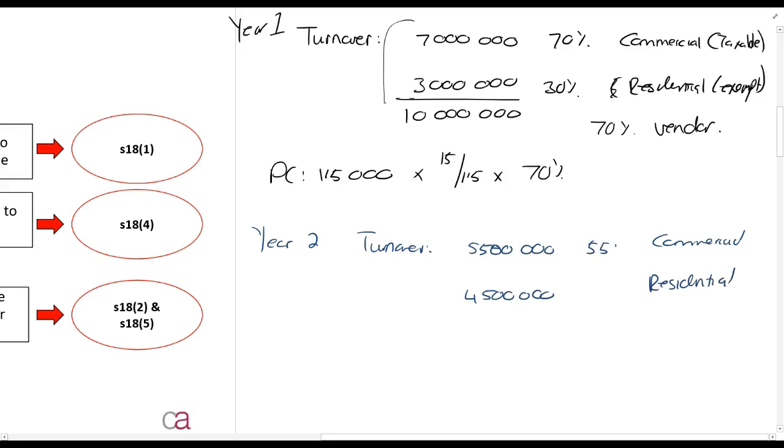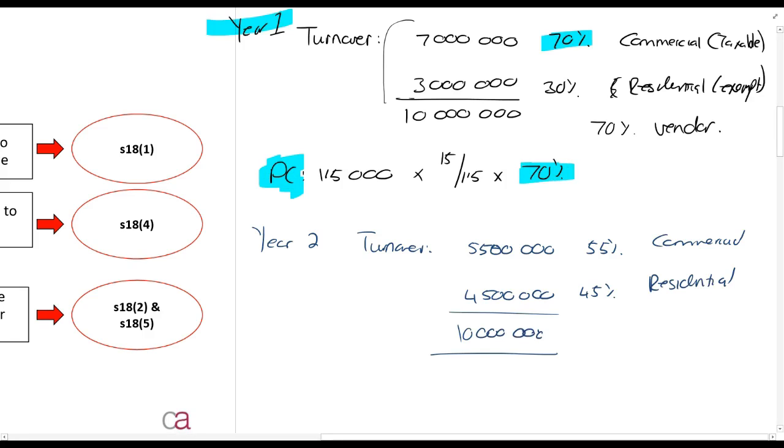So 55% commercial and 45% exempt. Now, can you see what would happen here? So I went and bought a computer in year 1. I claimed 70% VAT. Now in the next year, my taxable percentage is 55%.